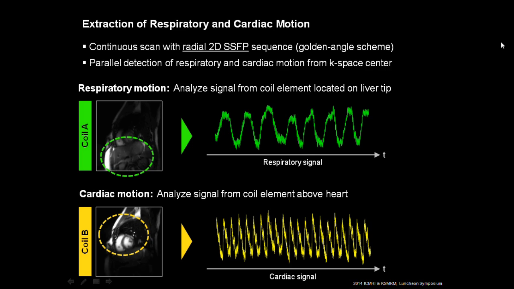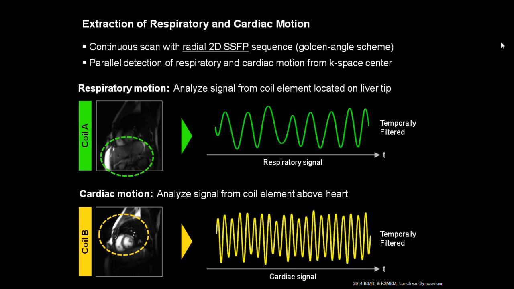So signal changes that we see here at the K-space center are mainly caused by the contraction of the heart. And so in this way, we get two different motion curves, a respiratory signal and a cardiac signal, both from the same acquisition in parallel to the image data. And of course, these curves are usually noisy, so we need some kind of a clever temporal filtering.